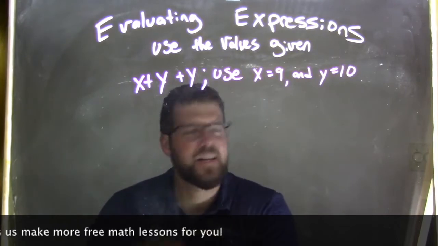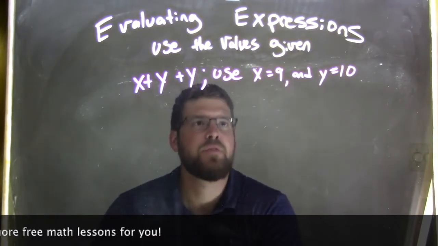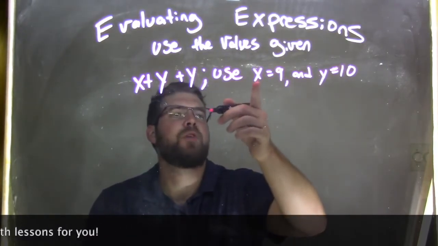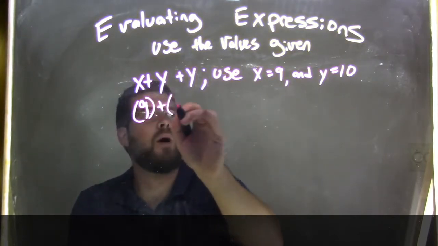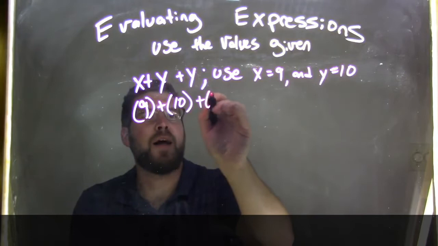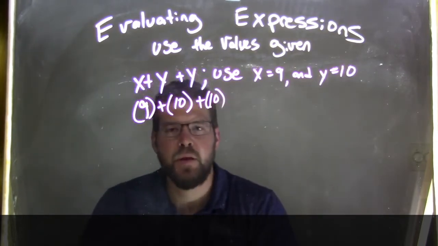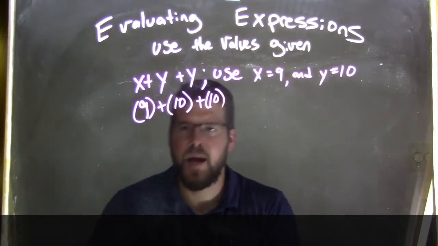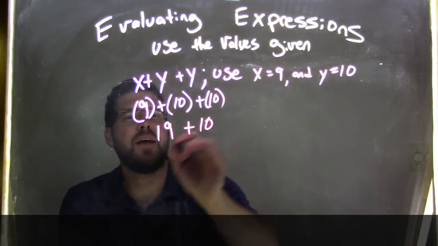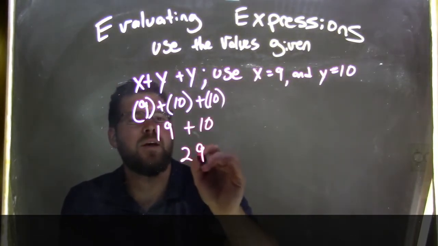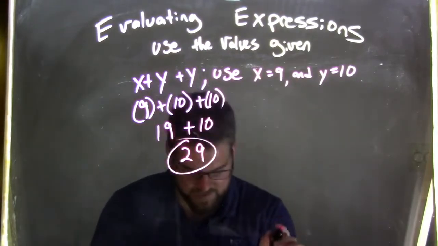But just like every other time, we substitute first, right? So x equals 9, 9 here, plus y, which is 10, plus y again, which is 10. Well, what's 9 plus 10? 9 plus 10, left to right, addition, is 19 plus 10, and 19 plus 10 is 29. And there's my final answer.